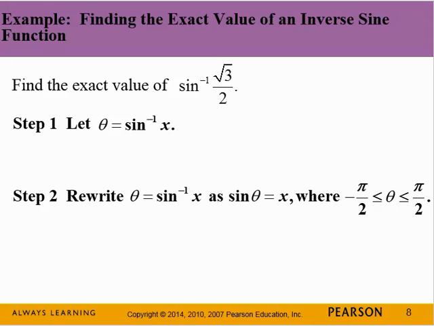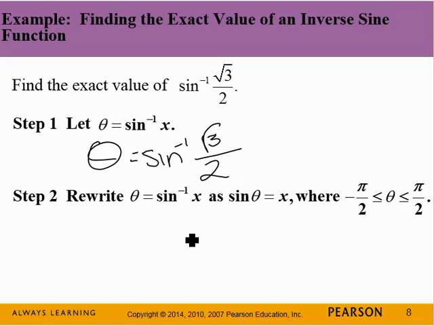So let's do an example. You have inverse sine of square root of 3 over 2. We want to rewrite it. I'm very sorry, we're going to write it first. So we have theta equals inverse sine of square root 3 over 2. That's step 1.